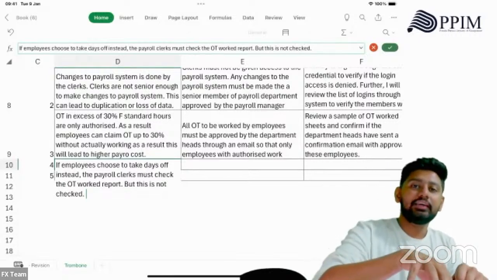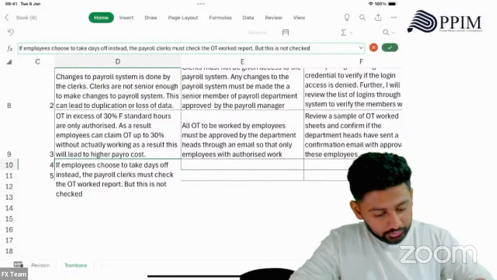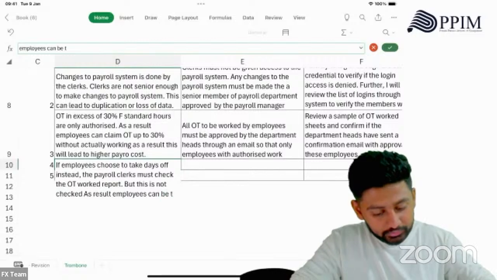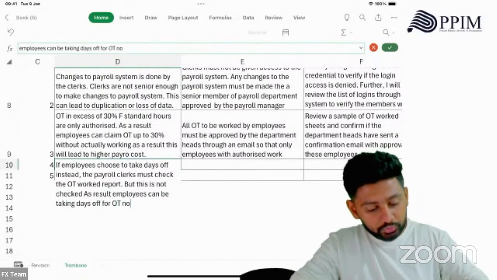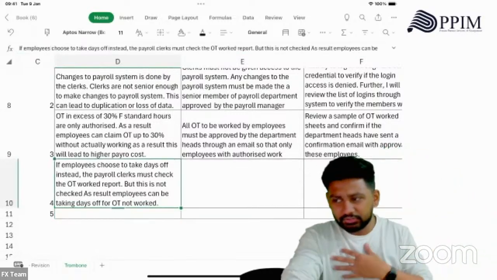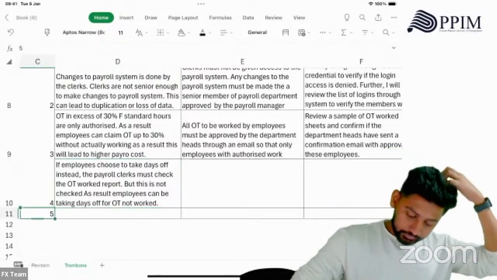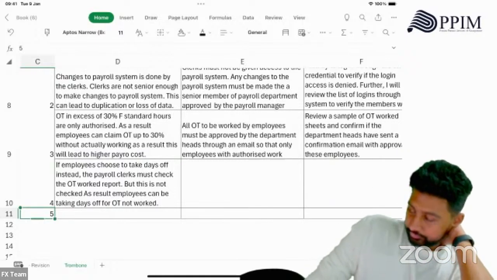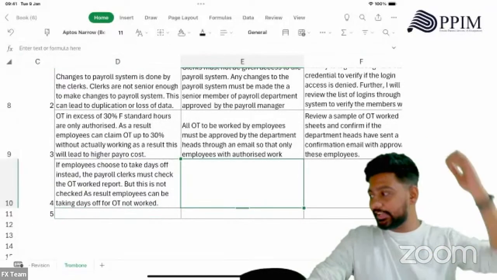Employees can be taking days off for overtime not worked. As a result, employees can be taking days off for overtime not worked. Guys, productivity reduced, yeah, but do you understand this? Are you clear?